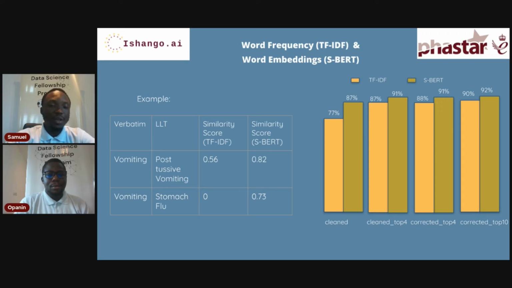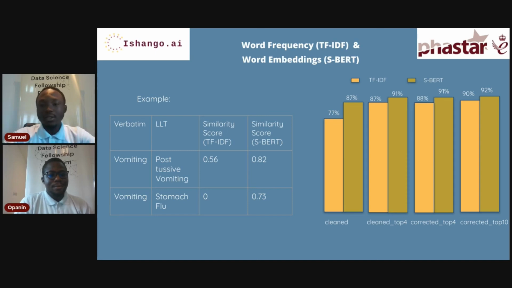It is more prevalent when you use the verbatim vomiting and an LLT stomach flu. With word frequencies, it's not finding any similarity, but our SBERT model is able to understand the semantic meaning between these terms, and it can code a verbatim term vomiting to an LLT term stomach flu.